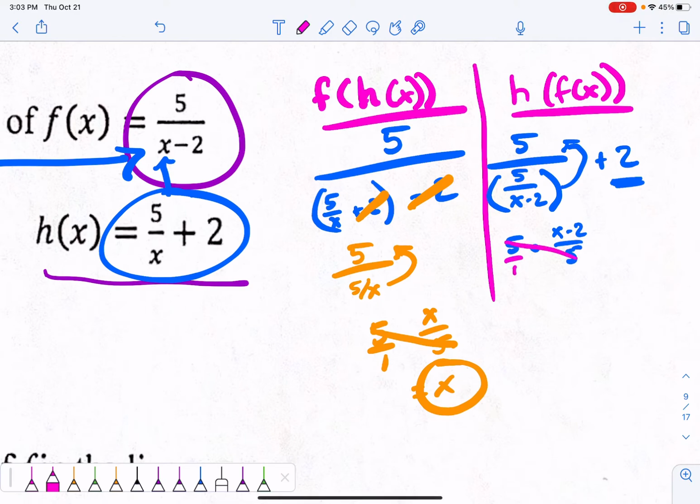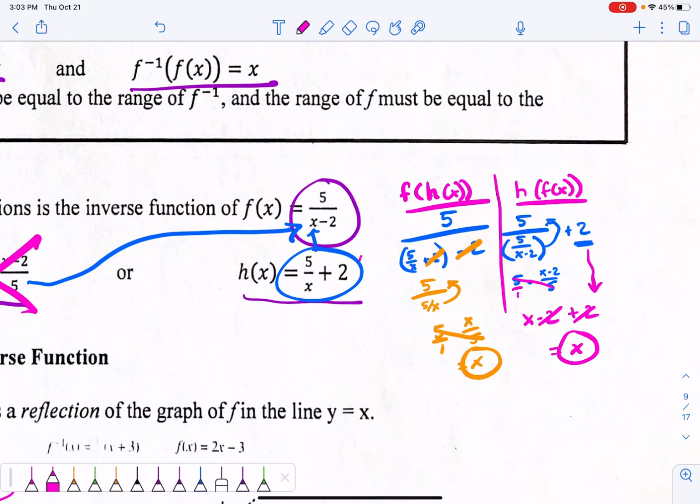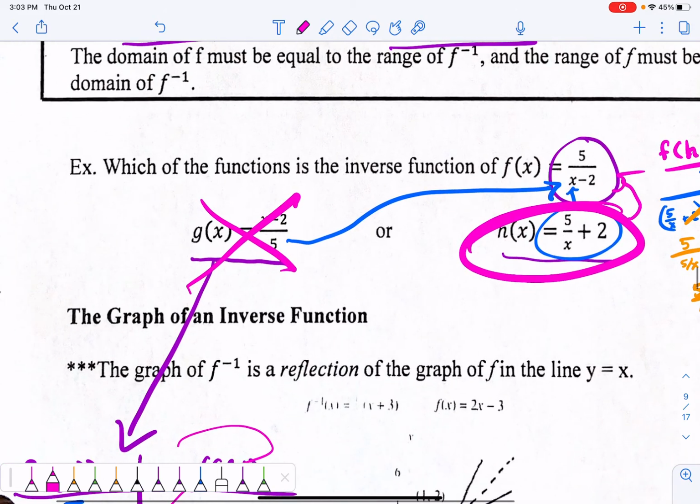I'm going to cancel those 5s. So I have x minus 2 here, but now we let that 2 come back, and plus 2 minus 2 cancel, so that equals x. So we can see from composition that h of x is the inverse of this guy. By plugging one into the other and vice versa, we can see that those two are inverses of each other. g of x is not.